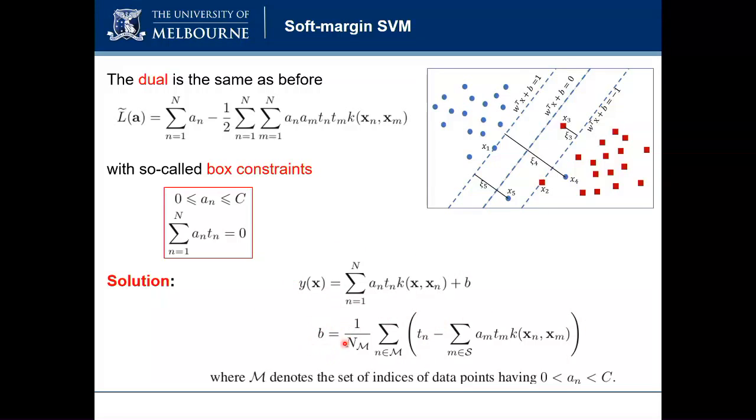The only thing is the margin: when you take the sum, you only need to take into account the set of indices of data points that are between 0 and C. All others are ignored when you make the sum, which is very similar in structure to the previous case where things were separable.